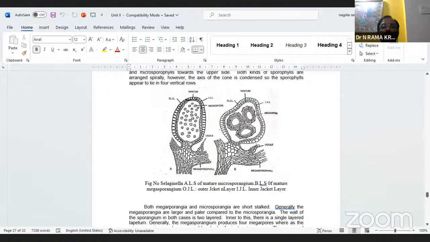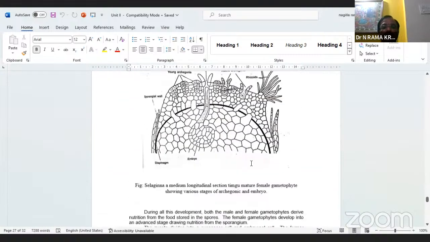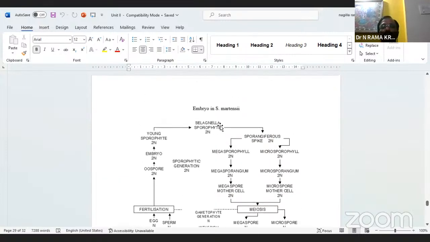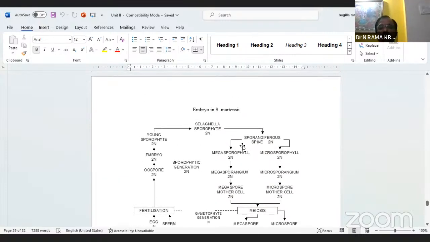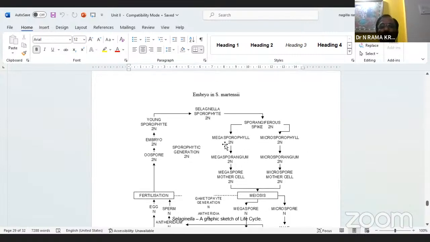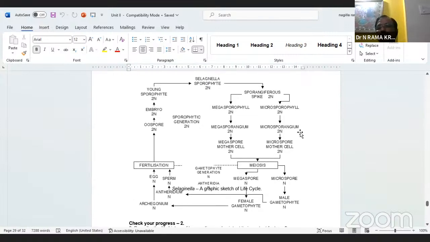Now you see these sporangia: one is on the megasporophylls and the second is on the microsporophylls. Megasporophylls produce the megasporangium, and microsporophylls produce the microsporangia.